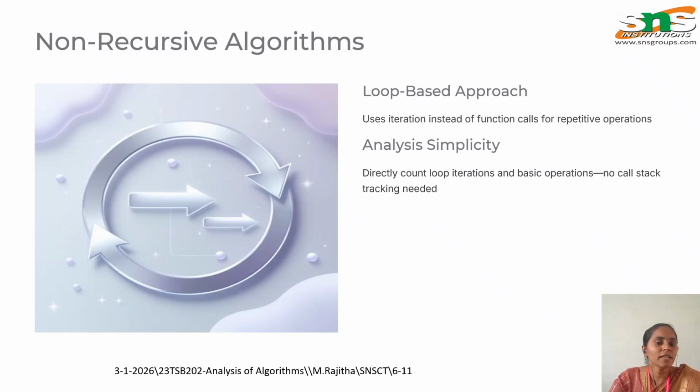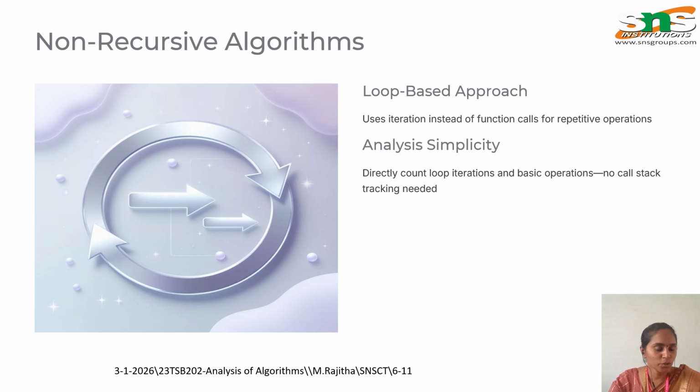Non-recursive algorithms are also called iterative algorithms. They use loops, for or while, with no functions calling themselves. Advantages: no recursive call stack, less memory usage, faster execution in most cases.